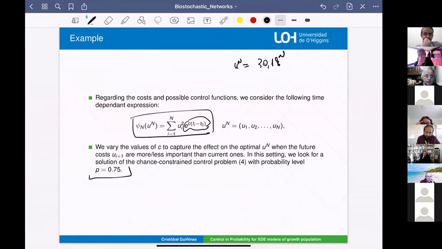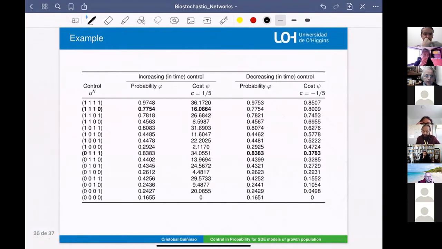As a safety level, we take 0.75, and here is the outcome. Here you have a positive cost, and you see that the smaller one might be 0, but in that case, the probability is 0.16. So you are far from 0.75.